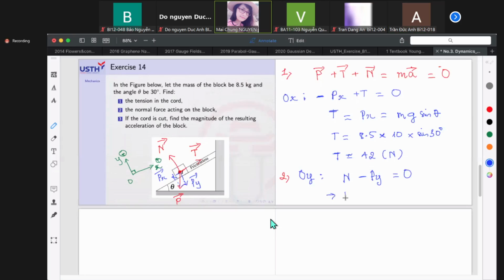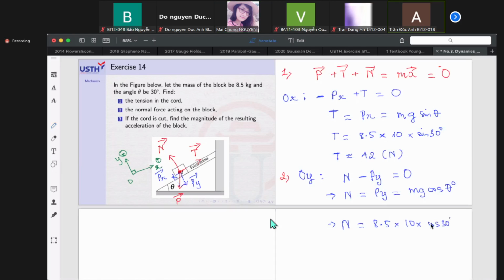So we can compute the normal force is equal to Py, which is mg cos theta. With cos 30 degrees, the final answer is approximately 73.6. 73 is okay for the normal force.